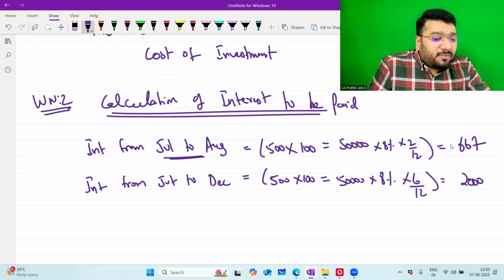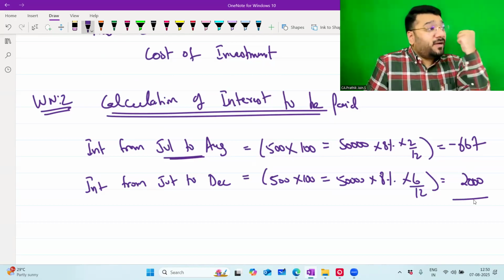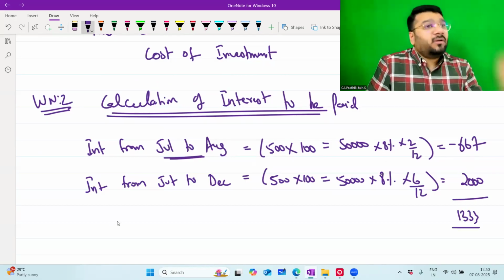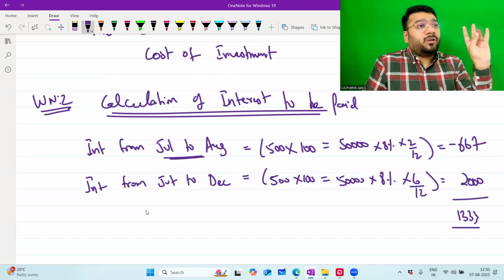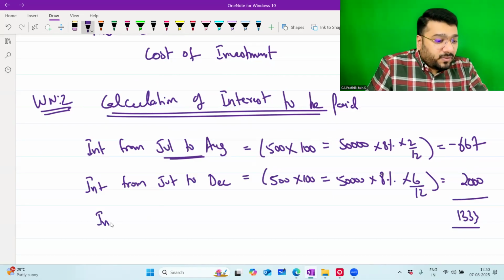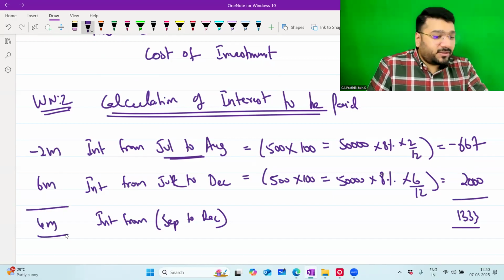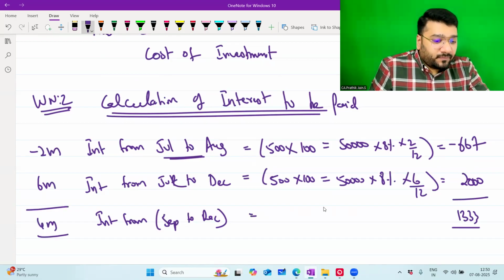So from this 2,000, if I minus 667, what is the net interest we earn? 1,333, which is the interest for September, October, November, December. From 6 months, if I minus 2 months, I'll get 4 months interest. You can do this calculation, you'll get 1,333.